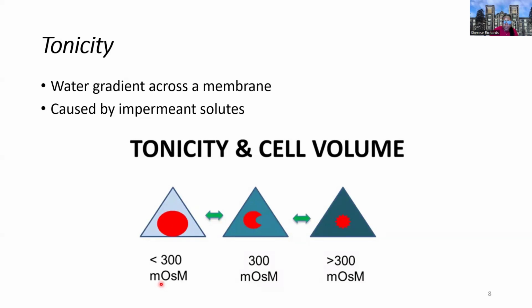Isotonic solution, which is where the tonicity is the same, so it stays the same, and a hypertonic solution, which is greater than the tonicity of the cell, and that is where water leaves the cell, and then it's going to shrivel. So it's a similar phenomenon in terms of hypo, iso, and hyper, but the difference is that we're only looking at solutes that cannot cross the membrane.